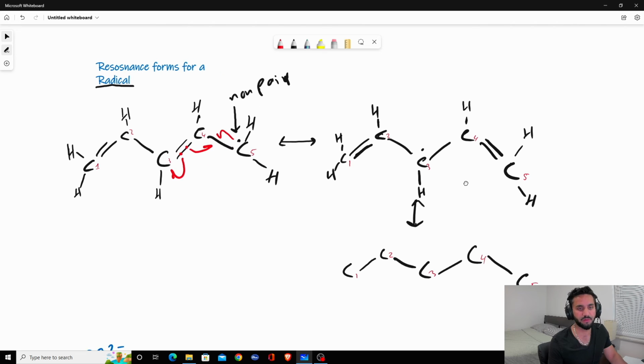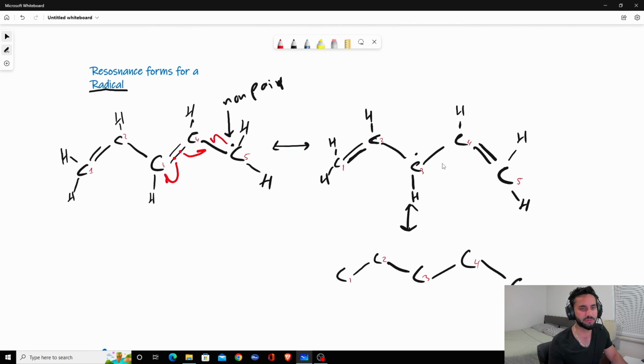So here's the second resonance structure for this radical molecule, and it looks like we have one more resonance structure here, and let's draw that. So the C3 carbon is where the non-paired electron resides, so we take that with the half arrowhead and try to make a pi system between C2 and C3, and we get another electron from here and transfer it there.